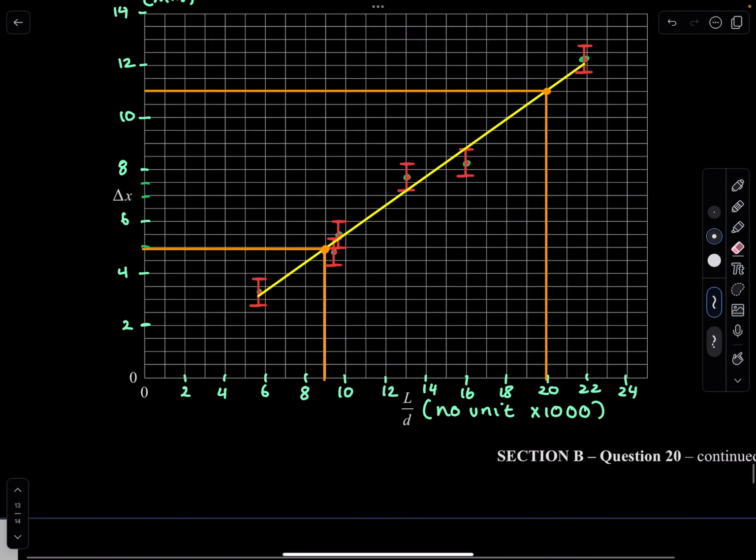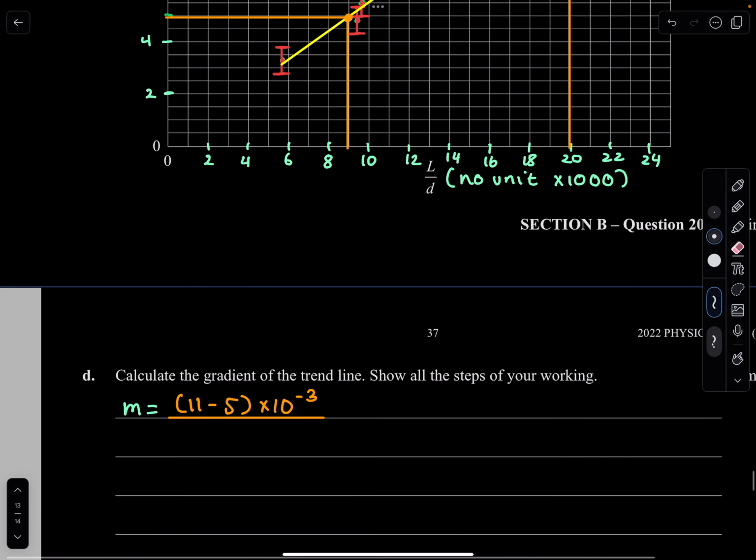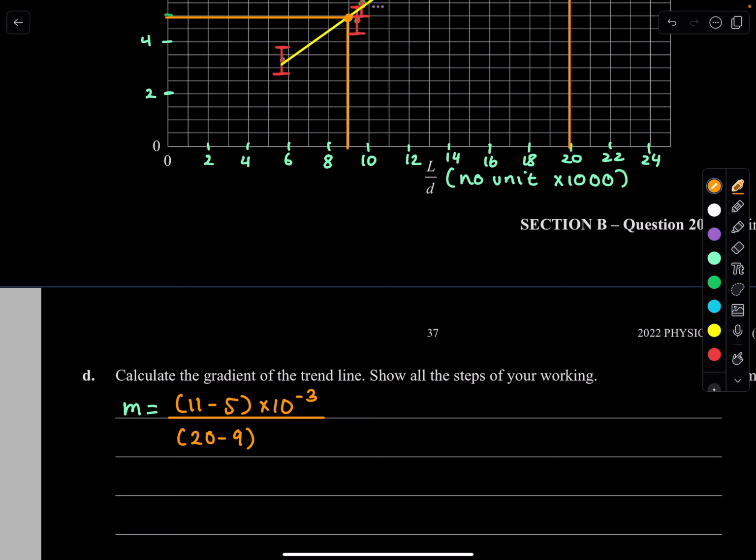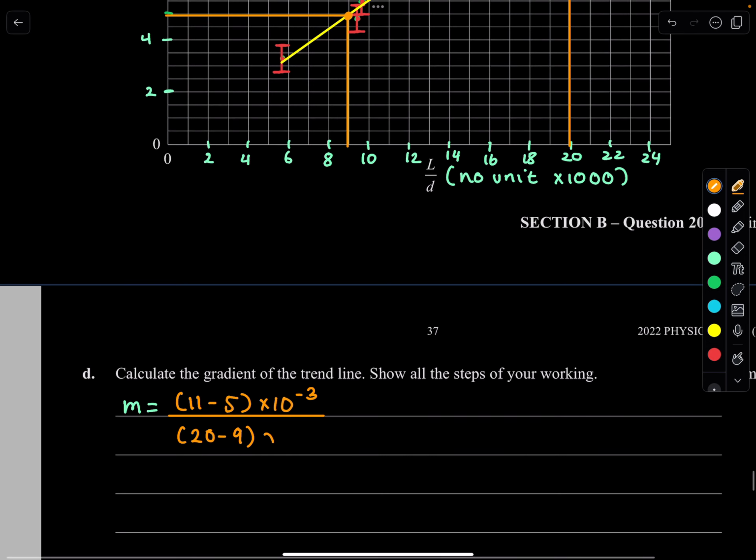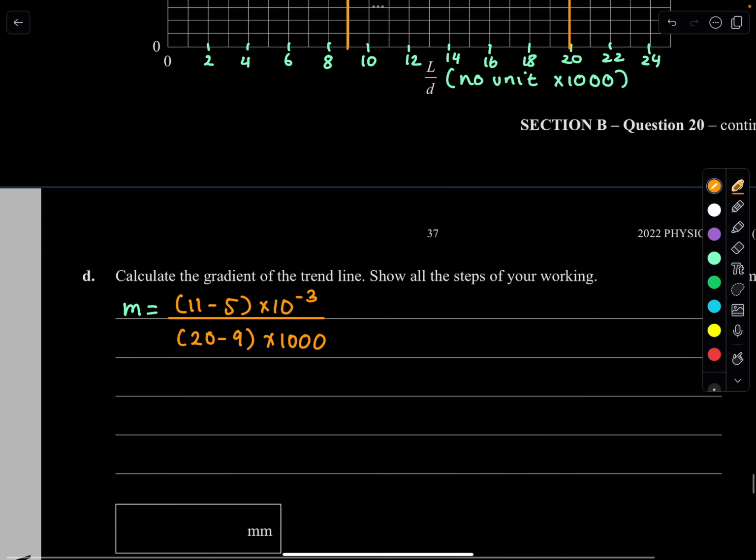And then the x values are 20 minus your 9, and you multiply by 1,000. And that's going to give me meters. So that's going to give me 11 minus 5, something like 3, over 20 minus 9 times 1,000. So that gives me, what the hell happened here?